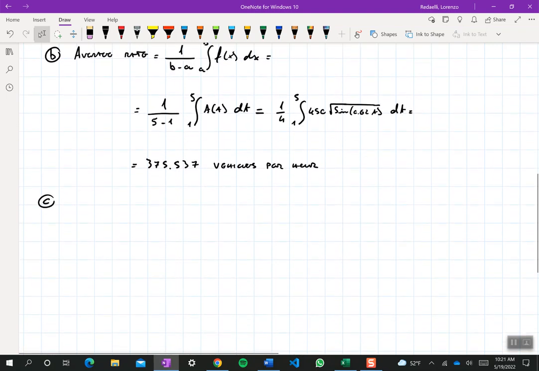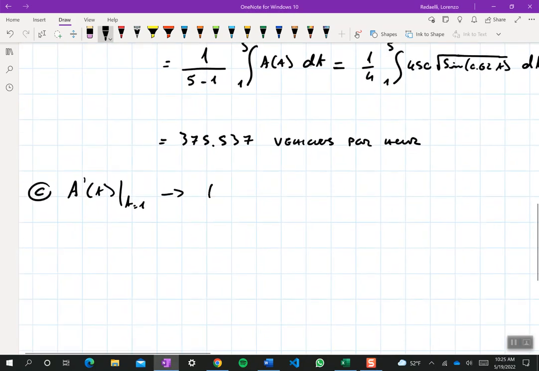So we're going to take A prime of t at t equals 1, and since this is a calculator part, we just plug everything in and find that it's equal to 148.947.